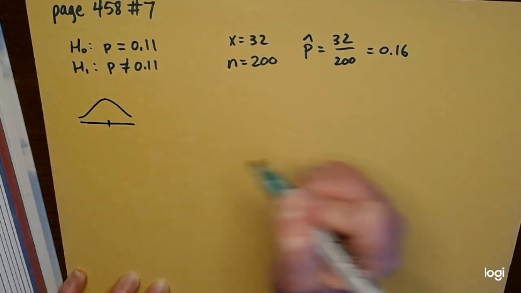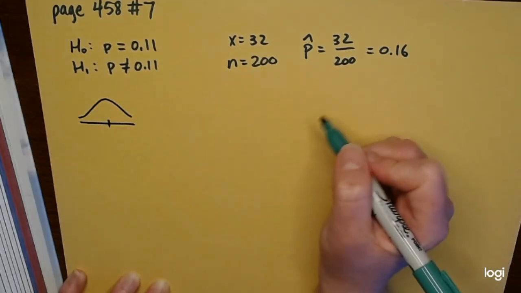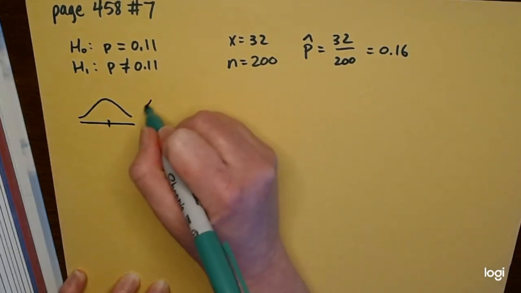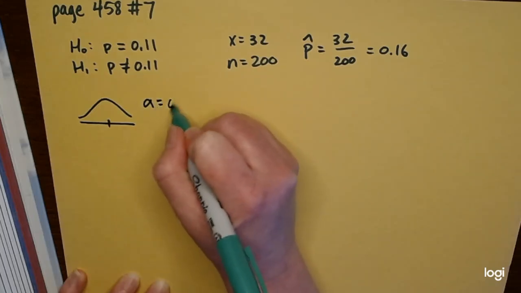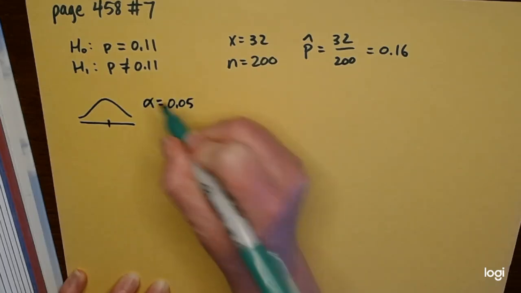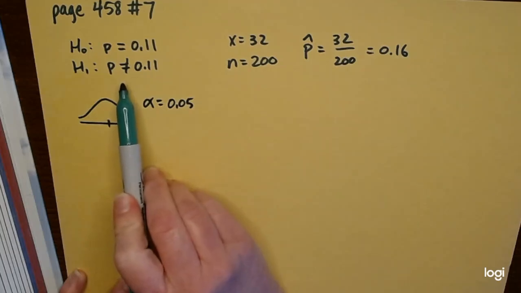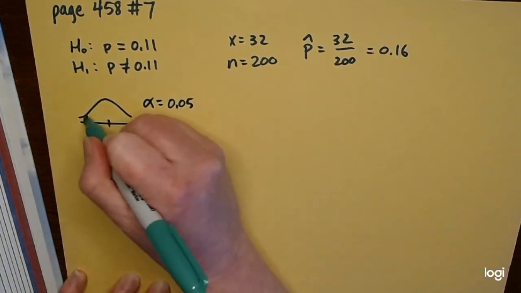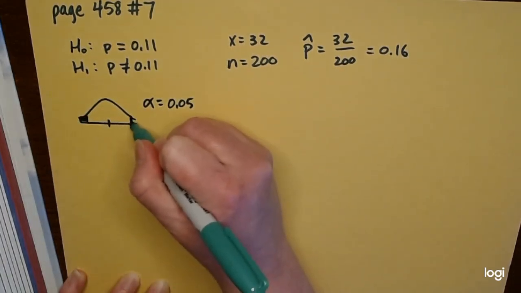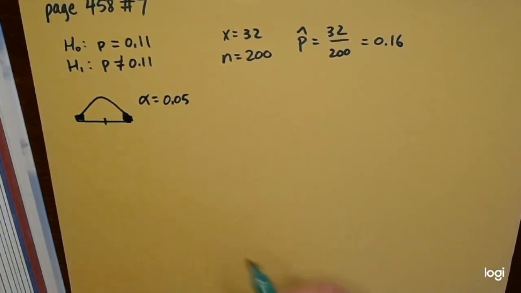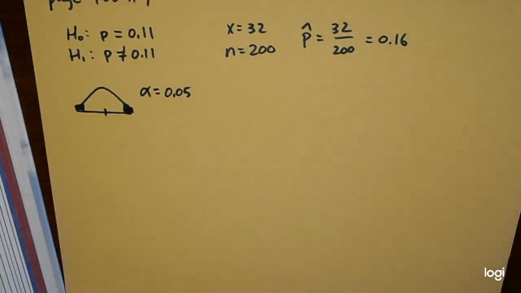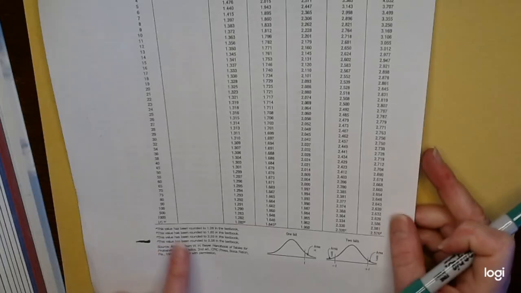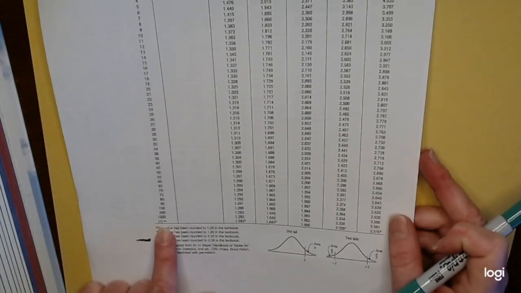Since this is a test for proportions, proportions always use Z. The alpha that we were given in the problem is 0.05, and looking back at our alternative hypothesis, it's not equal to, so we've got a two-tailed test. If I take out my formula sheet, I want to find my Z-score, but remember, like we said in class, the Z-scores are actually on the bottom of the t-distribution sheet.